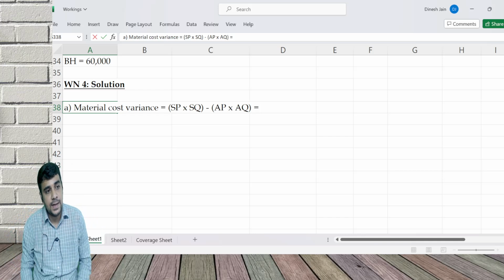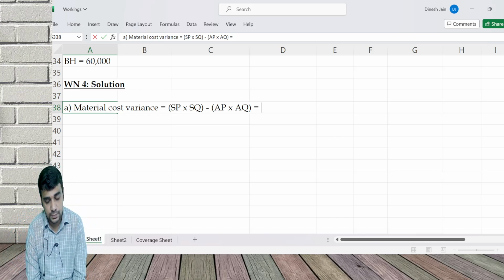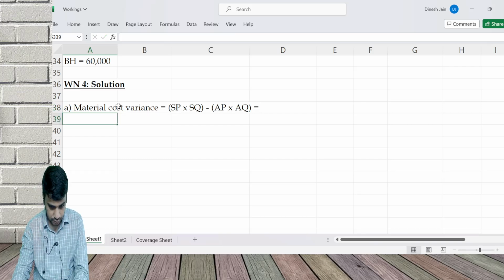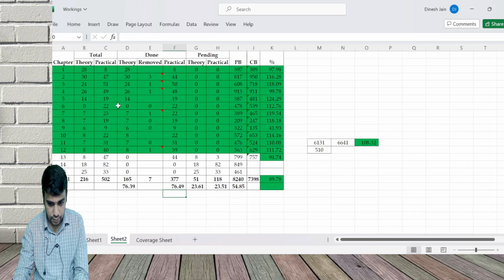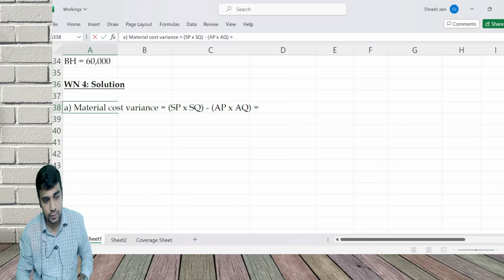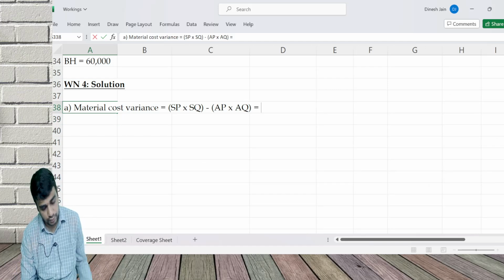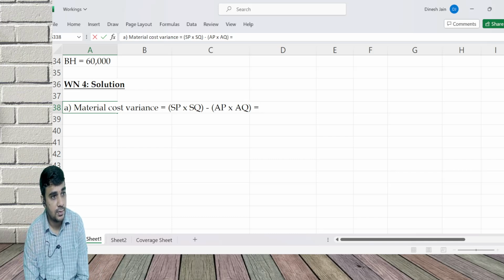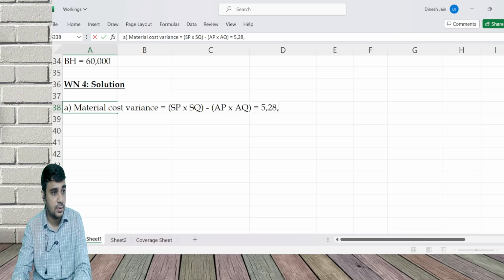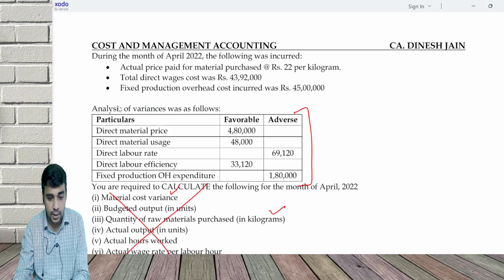Everything is there in your notebook. How much is the cost variance? 5,28,000. Favorable or adverse? Okay, 5,28,000 favorable.